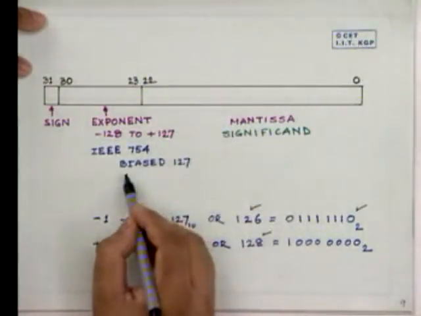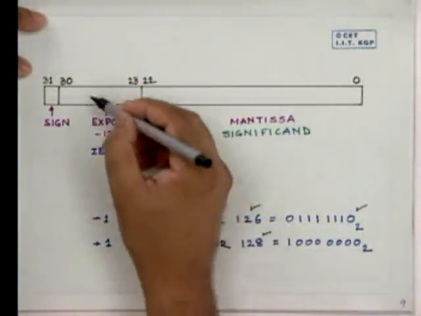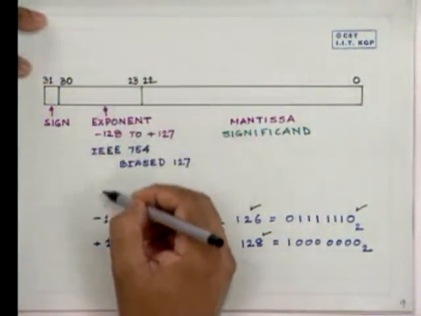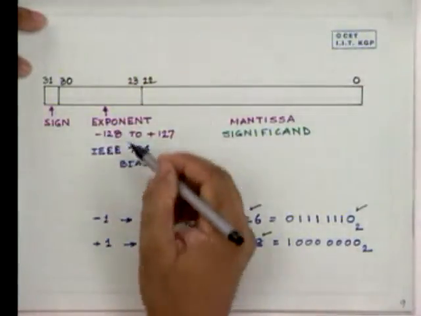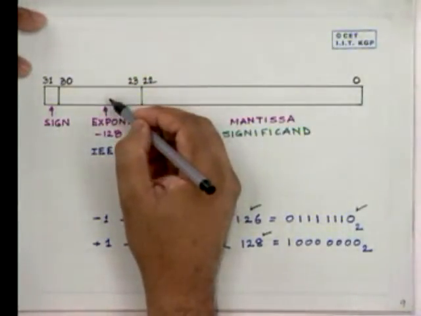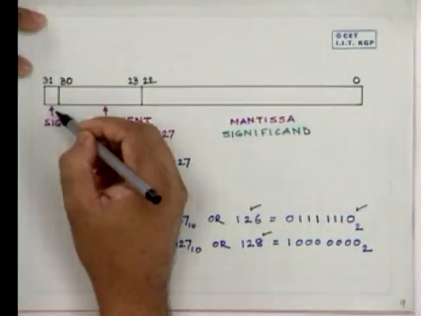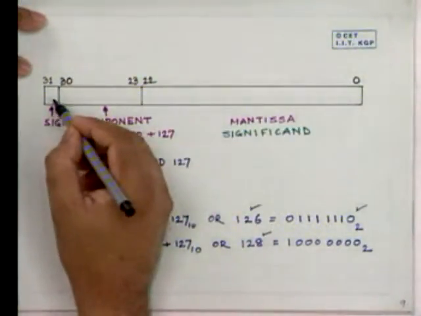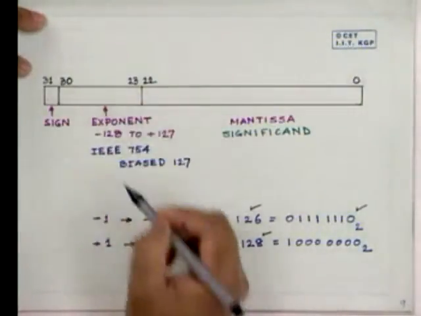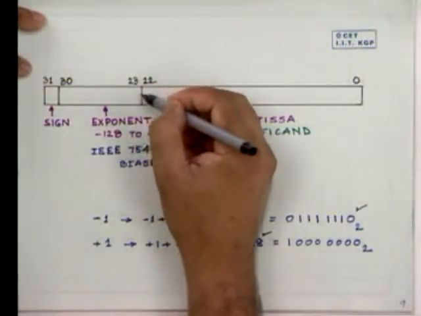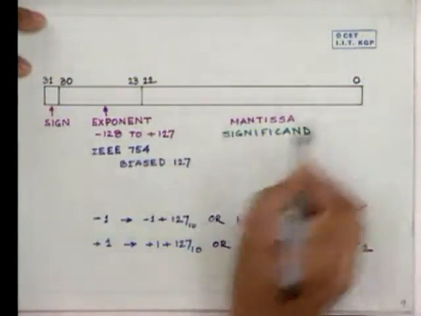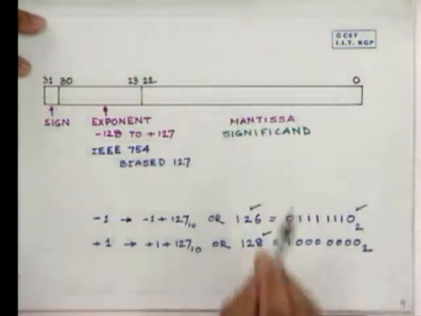Similarly, with bias 127, by seeing the exponent only, ordering can be done, which means that a number with a higher exponent having the same positive sign will be higher than a number with a positive sign and a lower exponent. That way, the exponent has been brought after the sign, and only after that has the significand been placed.